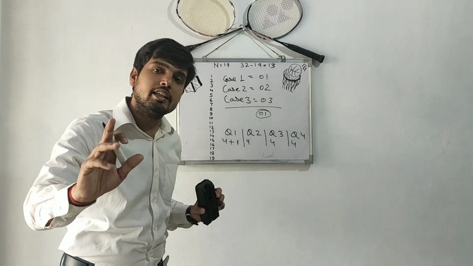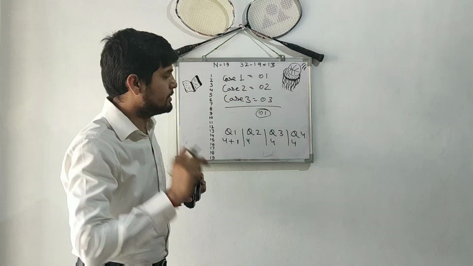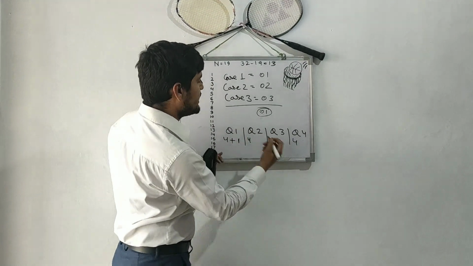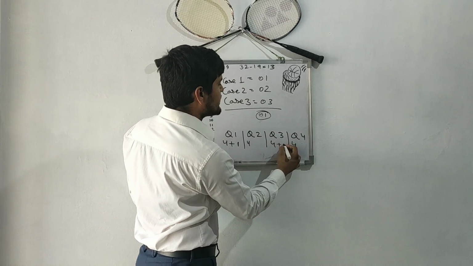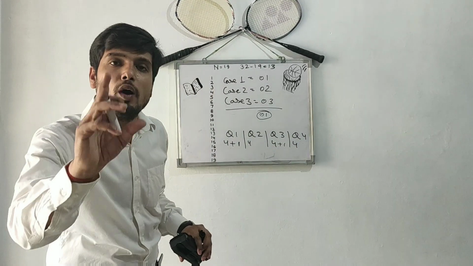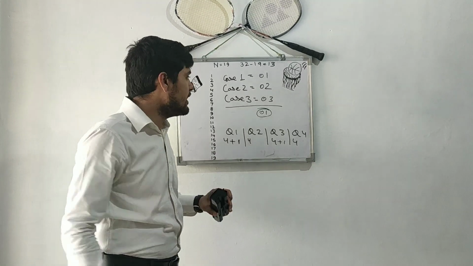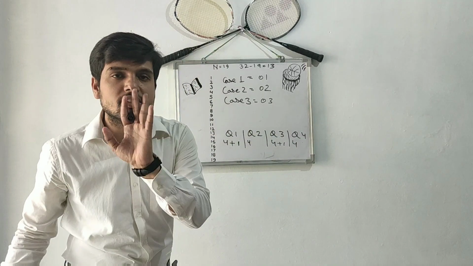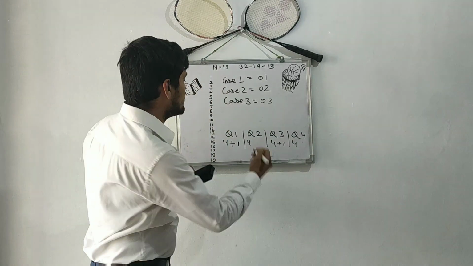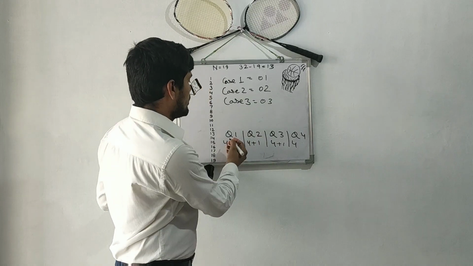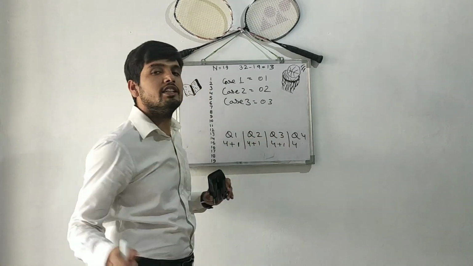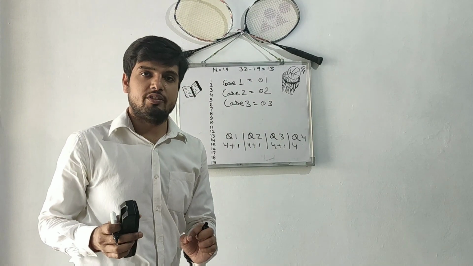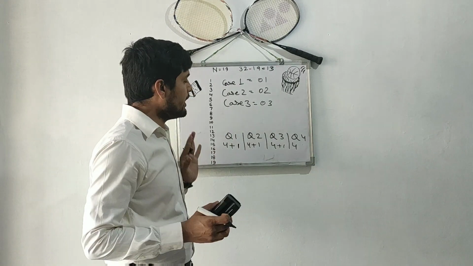If the remainder is 2, then quarter 1 and quarter 3 will have one extra team. Here we have case number 3, that means remainder 3, and in that case quarter 1, quarter 2 and quarter 3, these 3 have one extra team in the quarter.